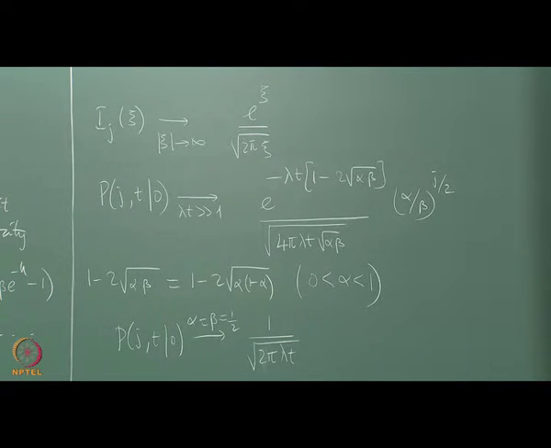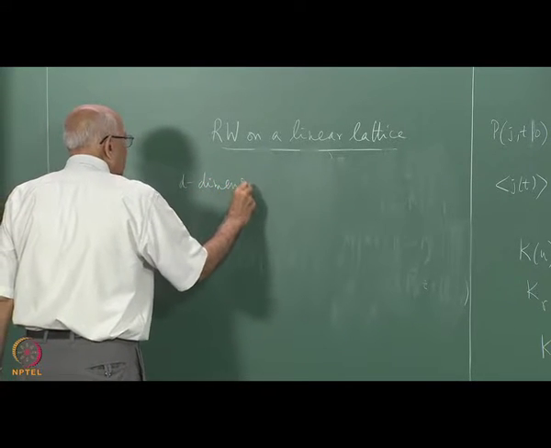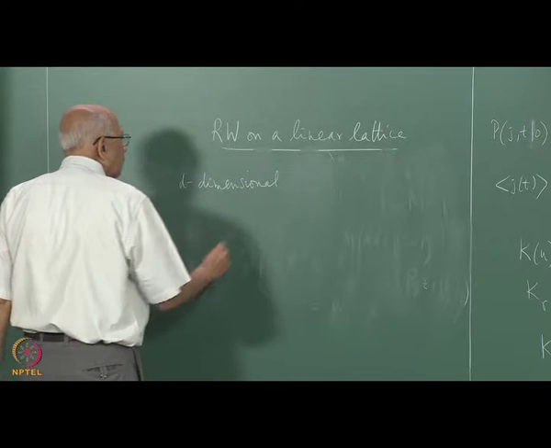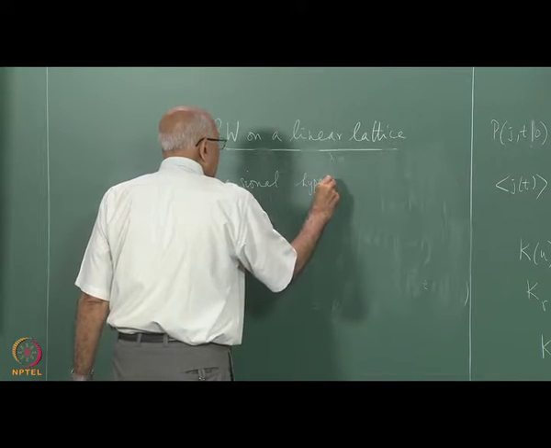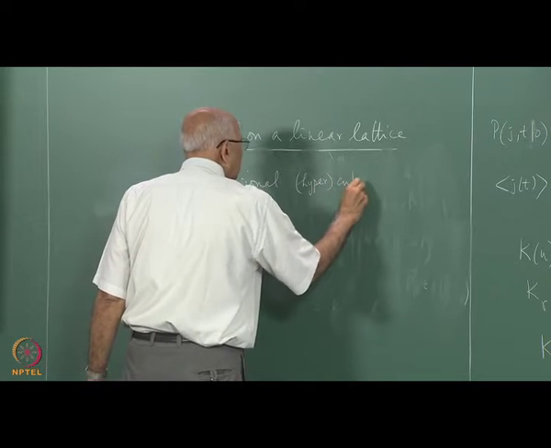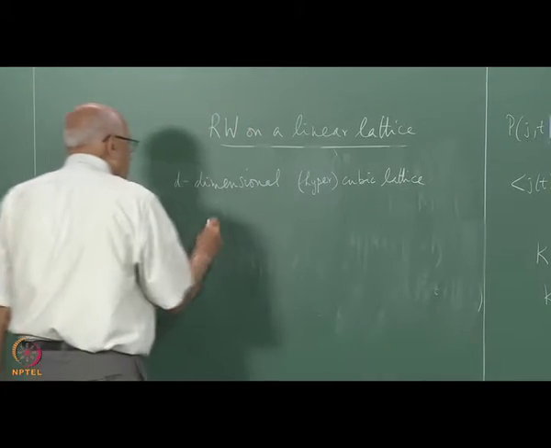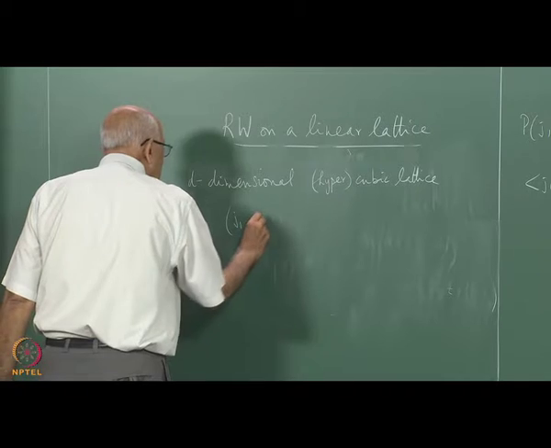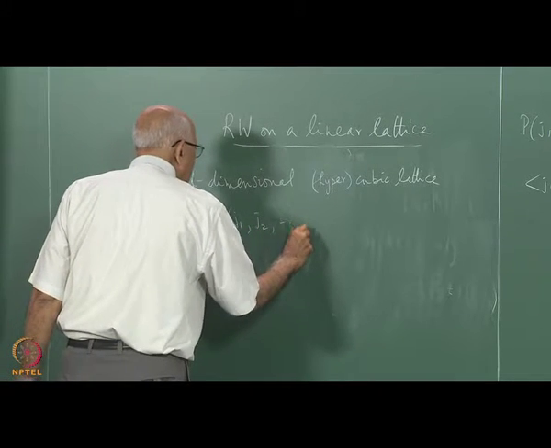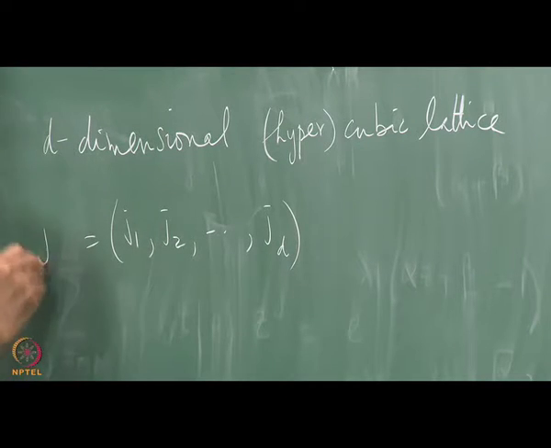So suppose I have a d-dimensional cubic lattice or hypercubic, and let us suppose that the coordinates of any point are labeled by j1, j2, ..., jd, and let us call this the vector j.